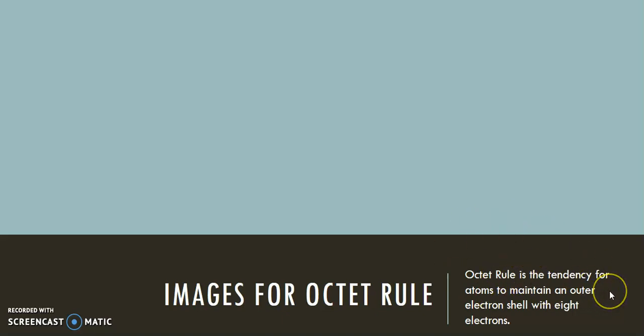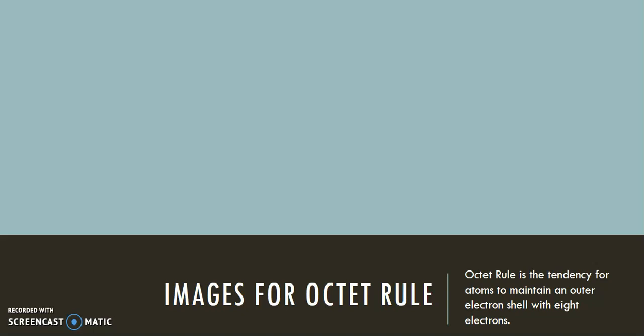The octet rule is a general rule. There are some exceptions, but generally it works for a lot of the atoms we're talking about in the human body. The octet rule is the tendency for atoms to maintain an outer electron shell with 8 electrons.